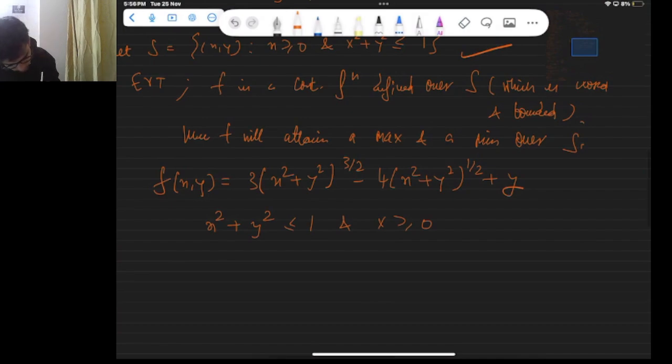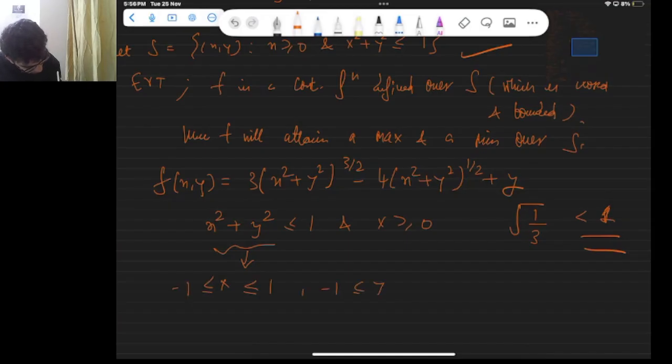So root 1 upon 3 is less than 1, right? The constraint x square plus y square less than or equal to 1 is actually a circle. This shows us that x lies between -1 and 1, and y lies between -1 and 1.